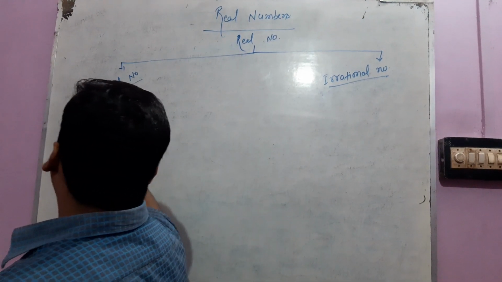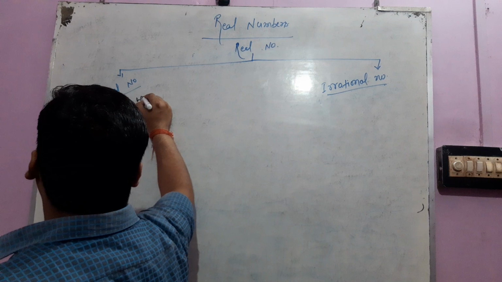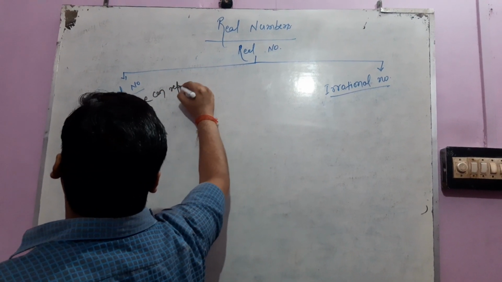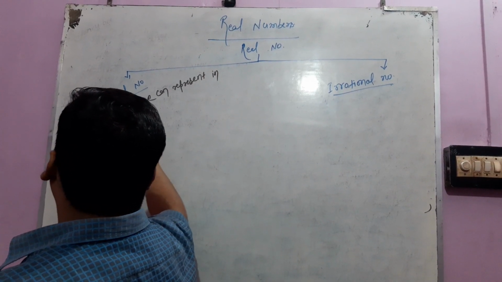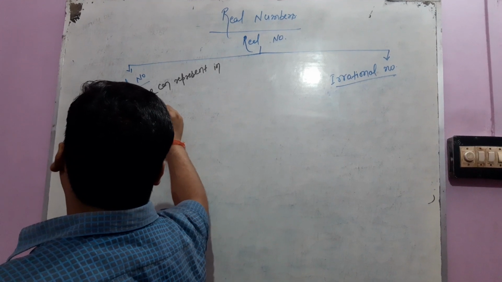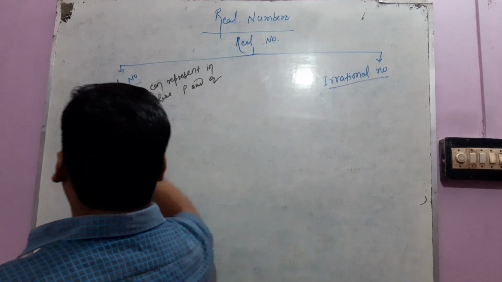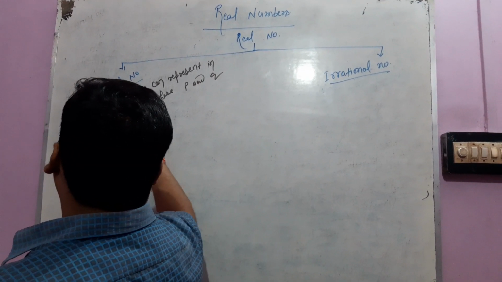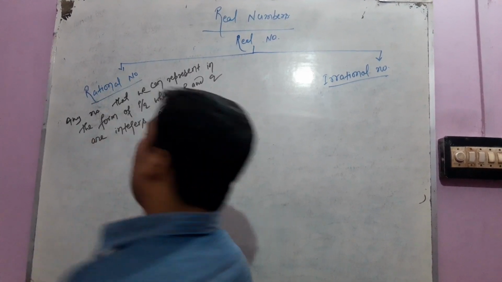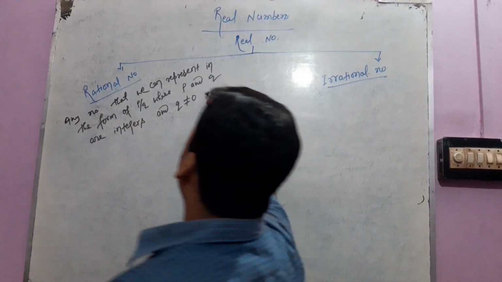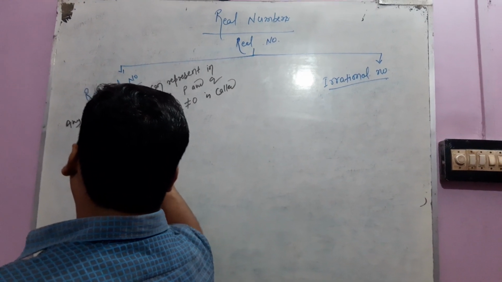So we can write the definition of a rational number. Any number that we can represent in the form of p by q, where p and q are integers and one condition here, q is not equal to 0, is called a rational number.